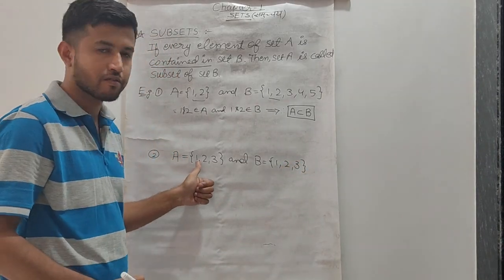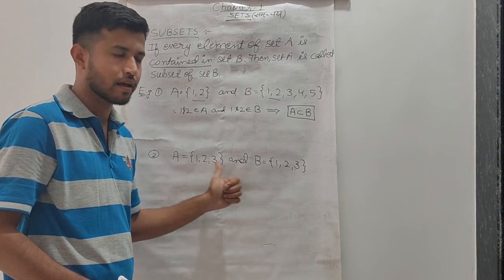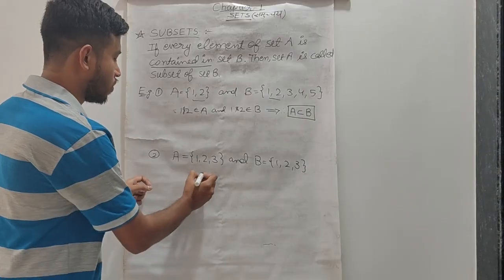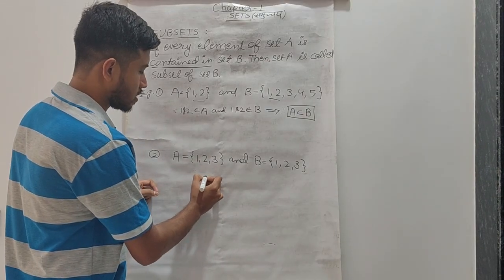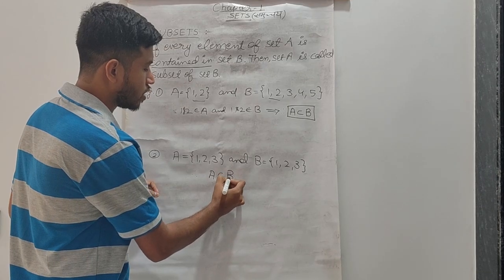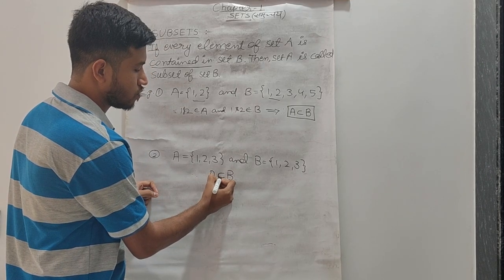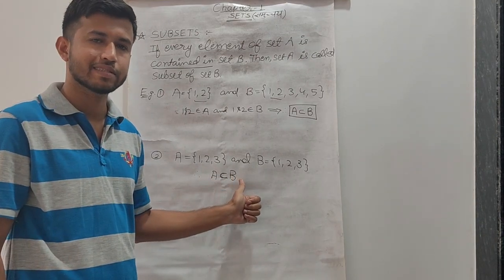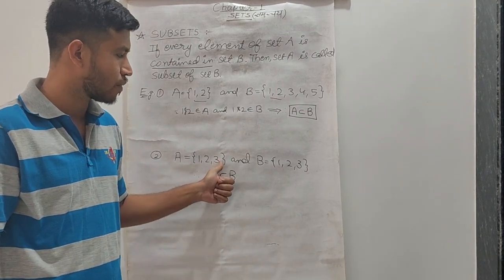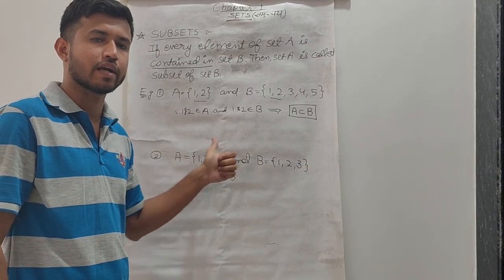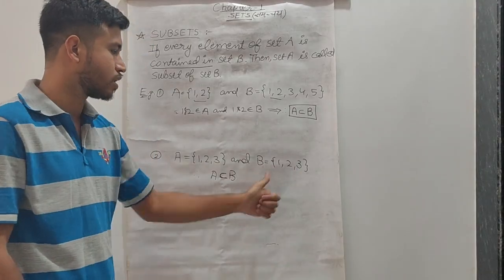Here, elements 1, 2, 3 belong to set A, and elements 1, 2, 3 belong to set B as well. So we can simply say A is a subset of B. This is the symbol of subset. We say A is a subset of B because every element of set A is contained in set B.